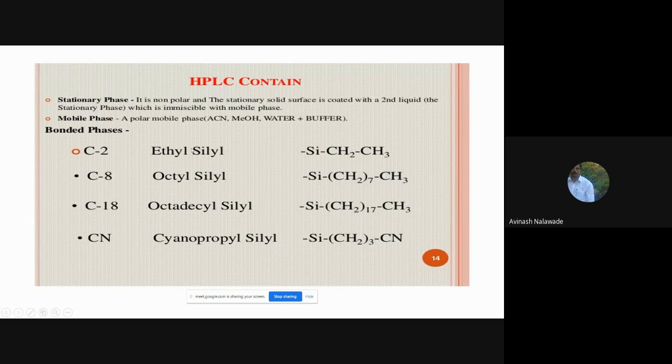This C2 is ethyl silyl, which has a structure like SiCH2CH3.